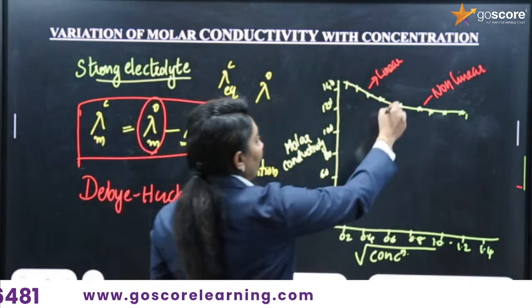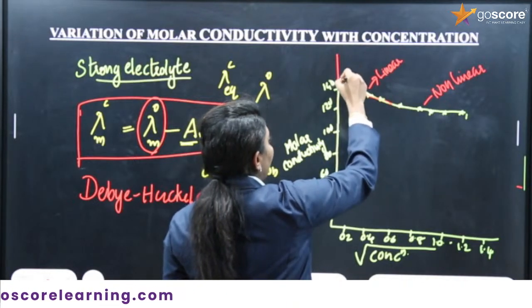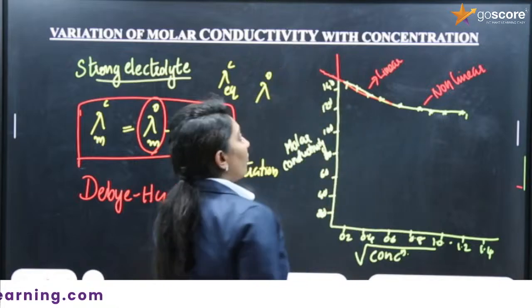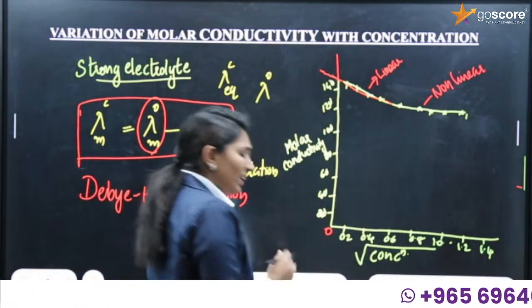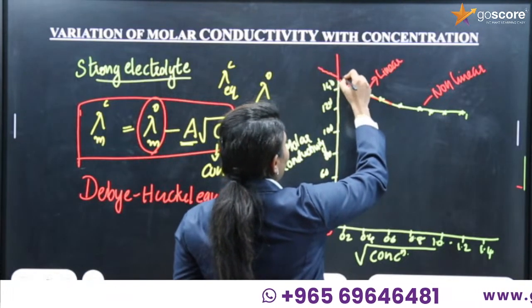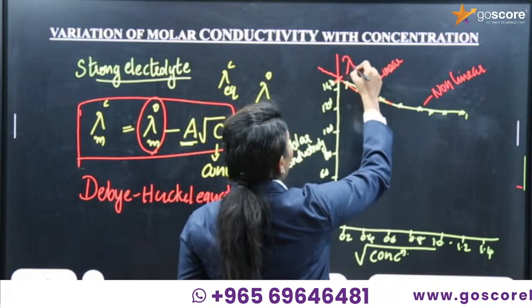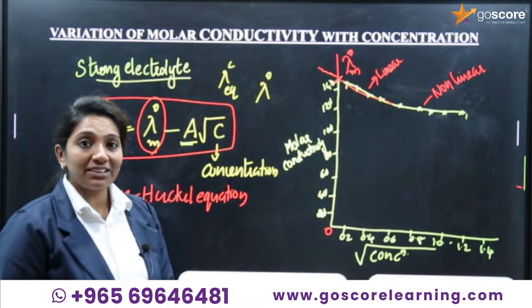Okay, and here you are getting a straight line graph, right? When you extrapolate this graph to the y-axis, that means at infinite dilution, you will get the molar conductivity value, and this value is nothing but the limiting molar conductivity.